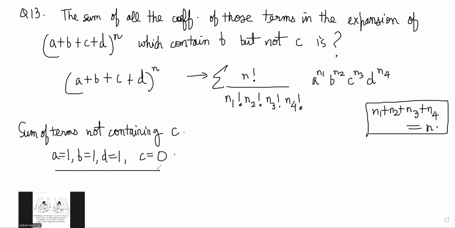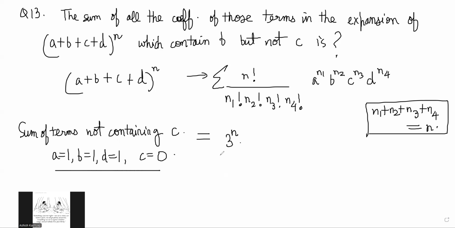Think about it. If c is 0, then obviously all the terms containing c will vanish. And if a is 1, b is 1, d is 1, the remaining terms will simply be the coefficients, right? So this will be basically 3 to the power n, right?